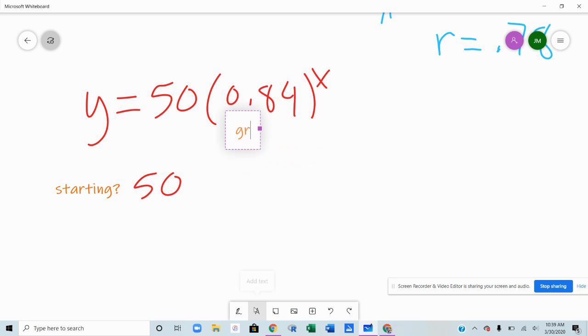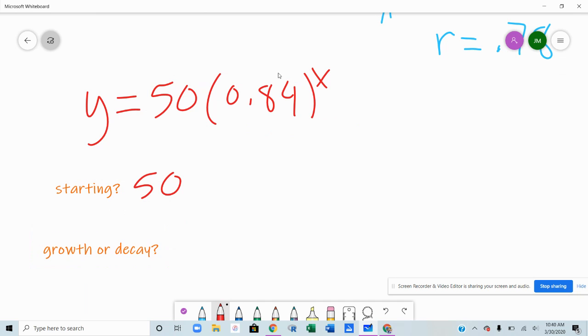You should be able to tell me if it is growth or decay. Remember, to tell if it's growth or decay, you look inside here and compare it to 1. If it is greater than 1, it is growth. If it is less than 1, it is decay. So I have 0.84. Is that greater than 1 or less than 1? That is less than 1, so this is a decay.